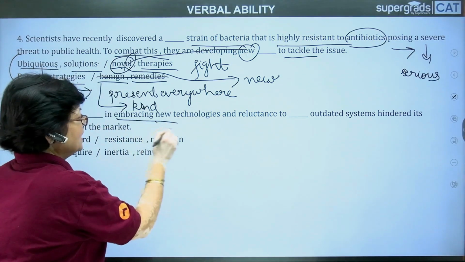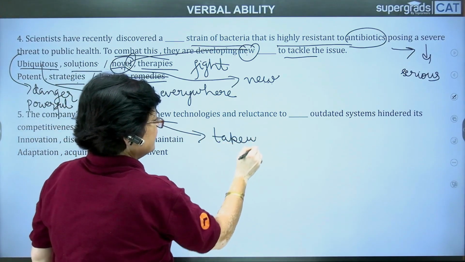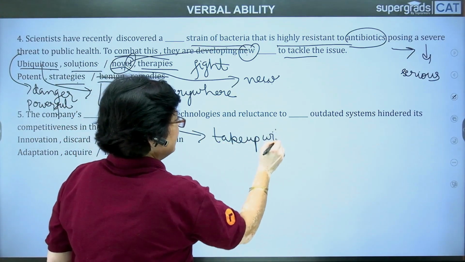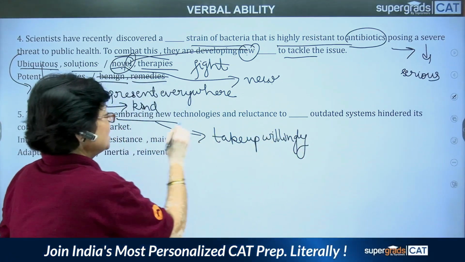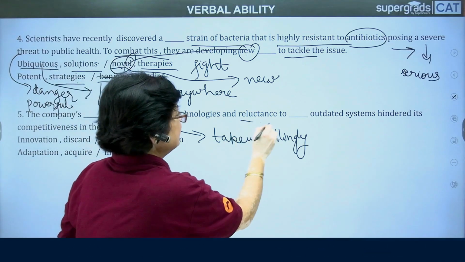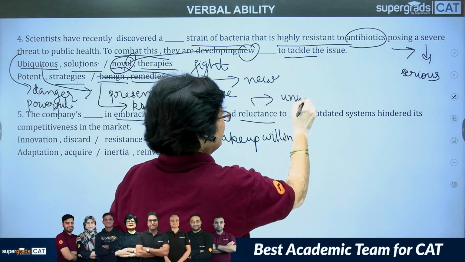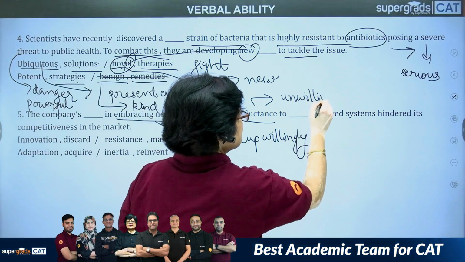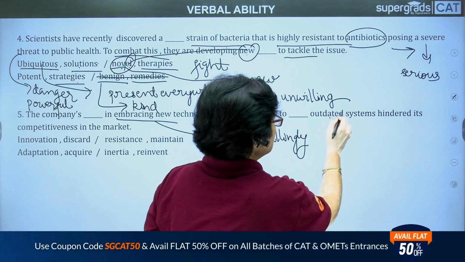Embrace is to take up willingly, to accept new technologies. And reluctance means lack of willingness, unwillingness to dash outdated systems.